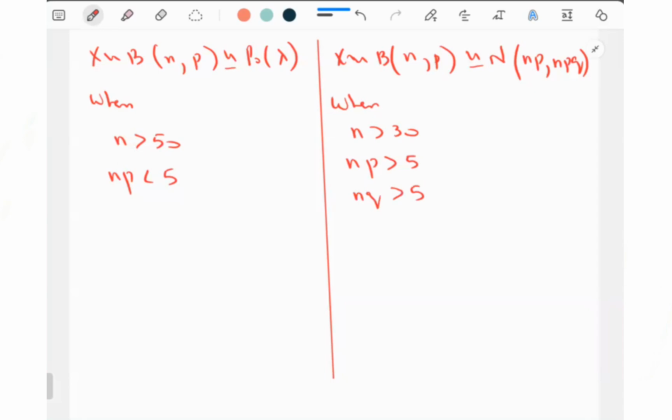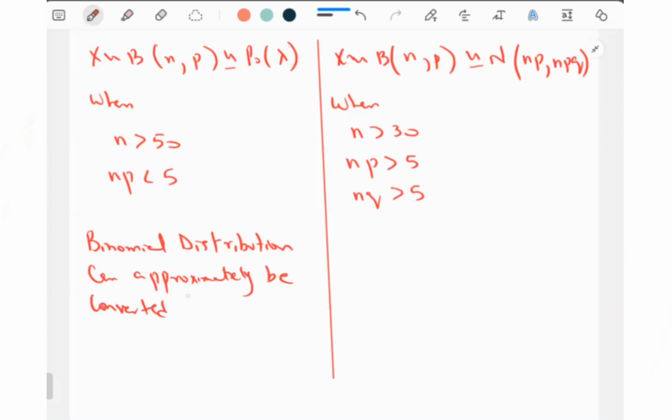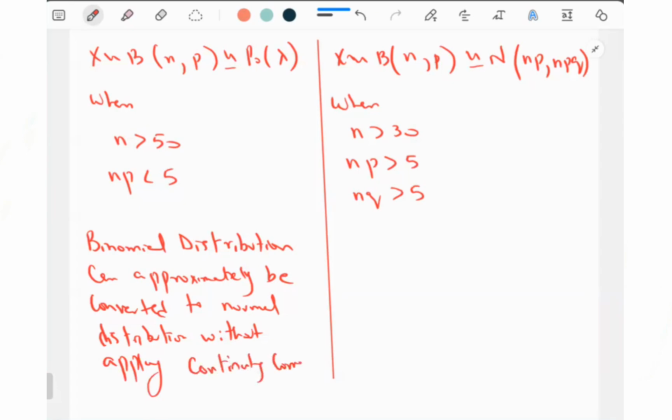So इस वाली कंडीशन में, जो पहली वाली कंडीशन है, बाइनोमियल डिस्ट्रीब्यूशन can approximately be converted to Poisson distribution without applying continuity correction.